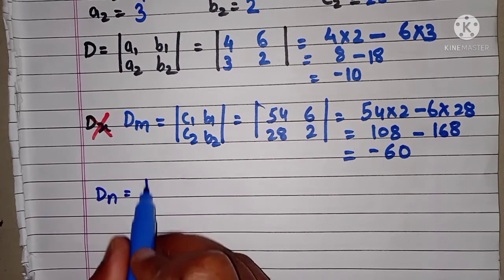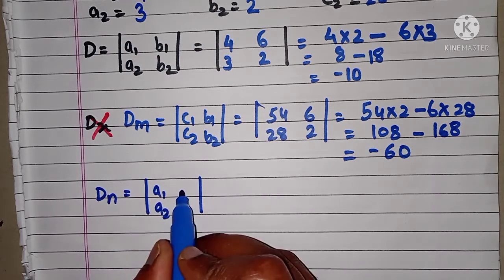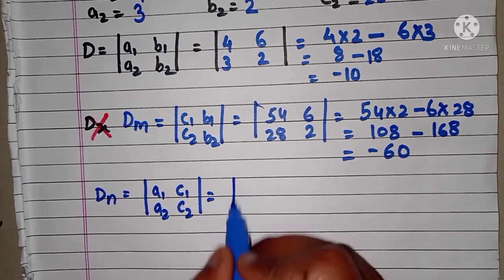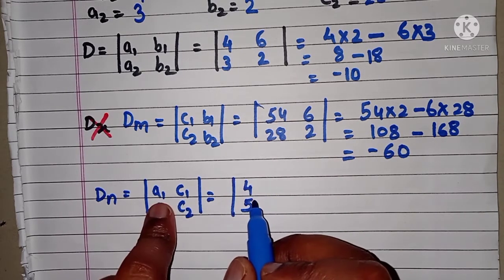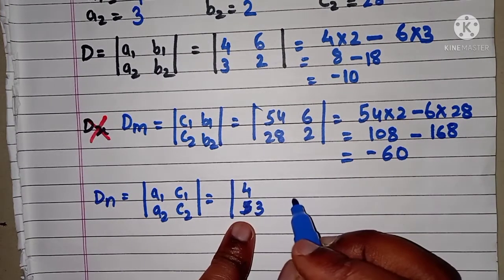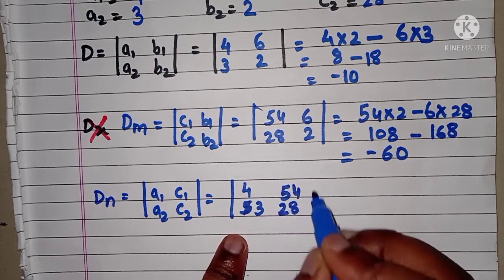Now you tell me what will come? dn. So tell me the formula. Same formula, nothing is changed. You will substitute the value. 4, 3 and 54, 28.